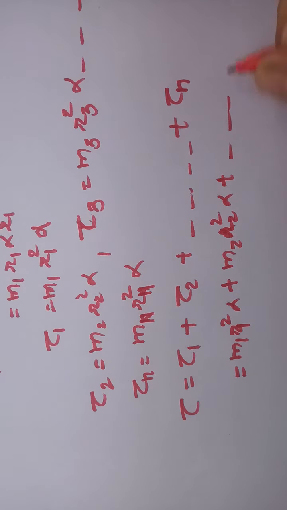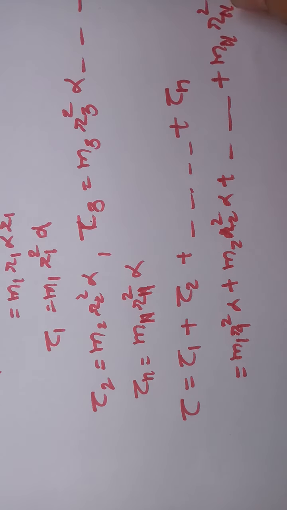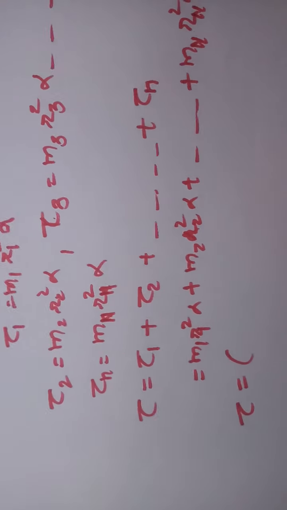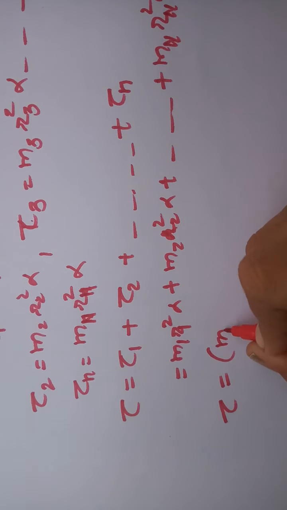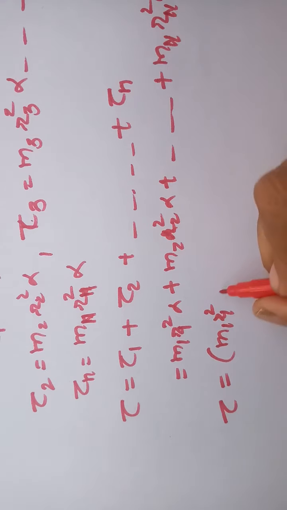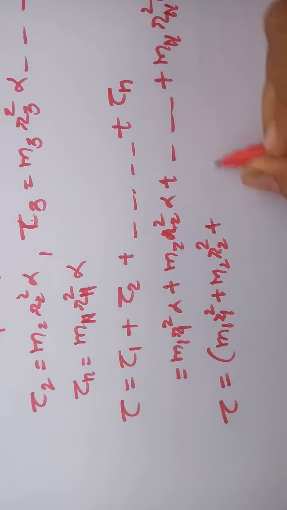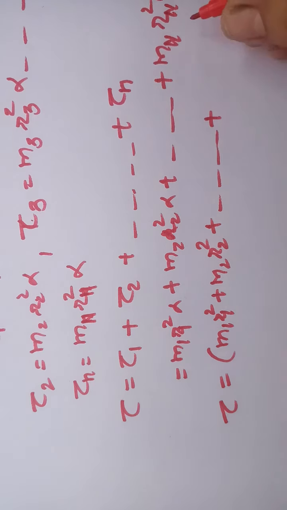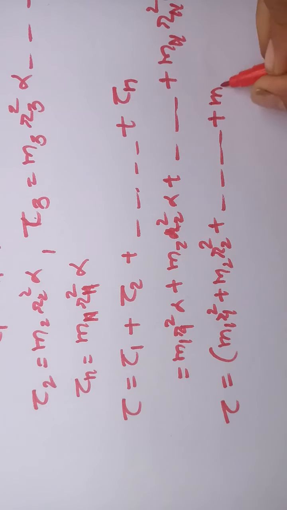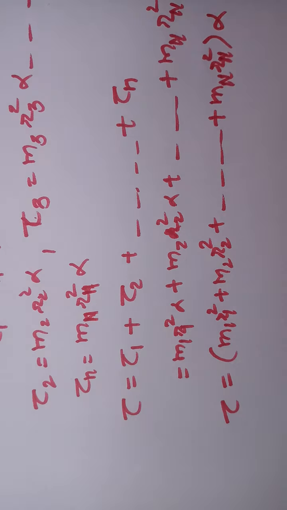Like that, we can add the torque of the nth particle, that is mn rn square alpha. Now here alpha is common, and in the bracket I can write m1 r1 square plus m2 r2 square plus and so on up to mn rn square, and alpha is common there.